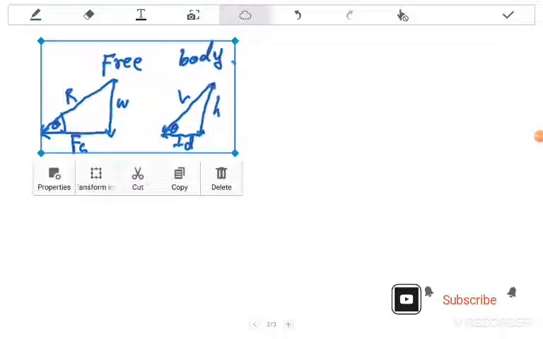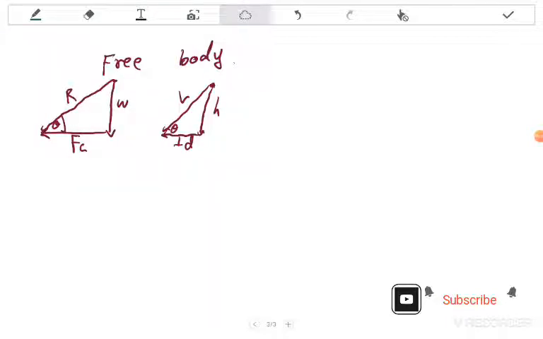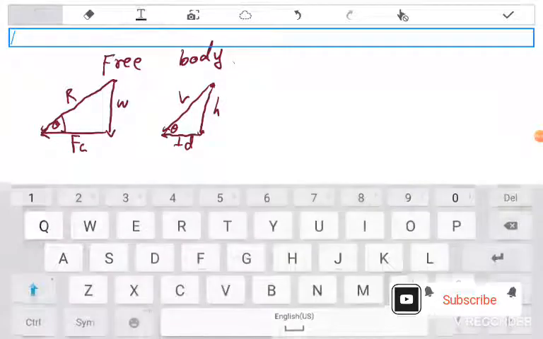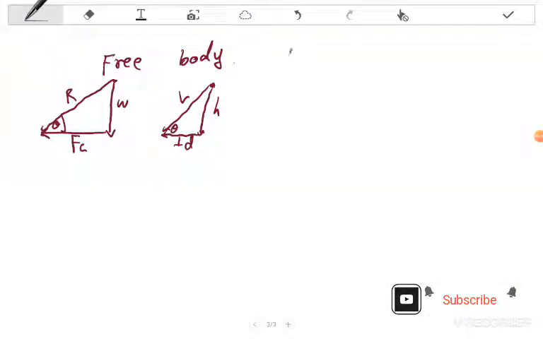Let's write all of the things that we're given. The distance between these two spheres is 0.093, which I converted to meters. Don't be surprised. The mass of each sphere is 0.017 kg, and the length L is equal to 0.12 meter.